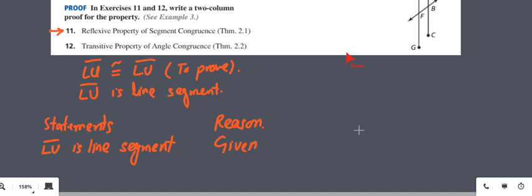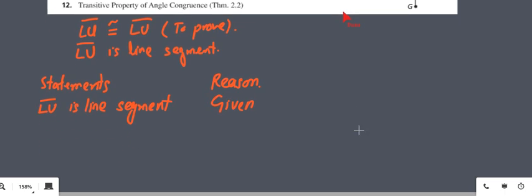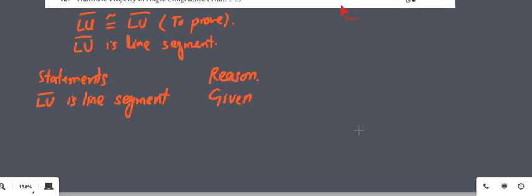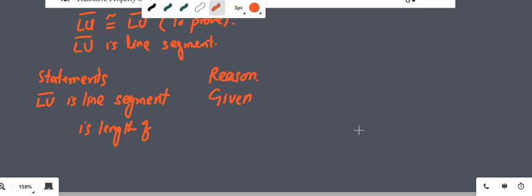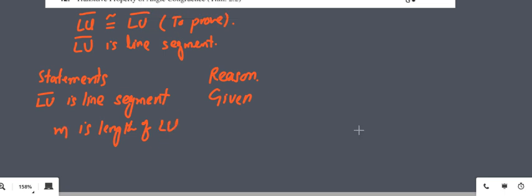Clear? Now, if LU is a line segment, then it will have some length, right? So we'll say that LU has a length. Just take it instead of LU, let's replace it with M. That M is the length of line segment LU.